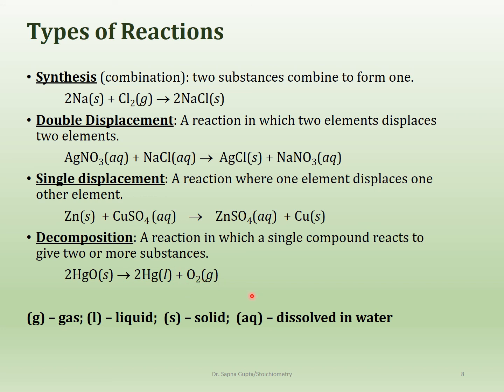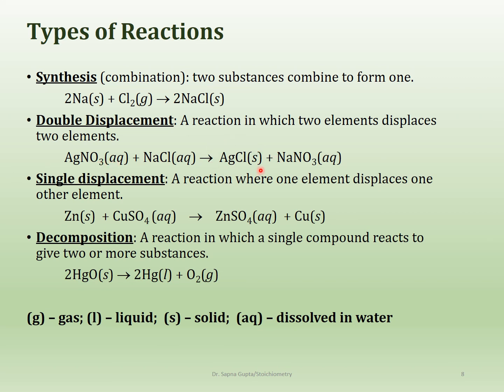The other thing I want to mention over here is this G, L, S, AQ. G stands for gas, L stands for liquid, S is for solid, and AQ is for something that is dissolved in water. These are called phases of substances. Remember we talked about this in chapter 1. The solid phase, for example, here, indicates to you that the sodium chloride that is being produced is actually solid. Here, these solutions are aqueous, which means that we have things that are dissolved in water.